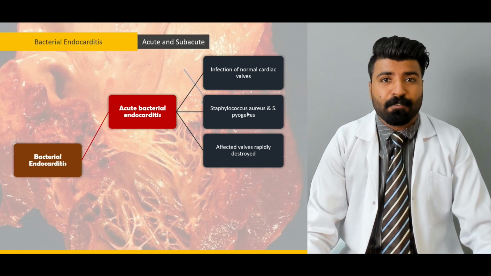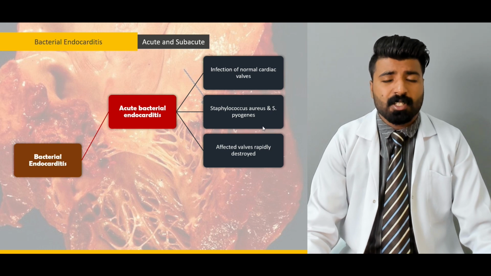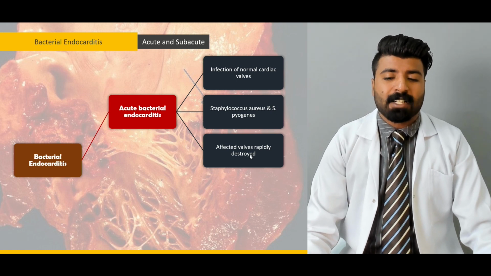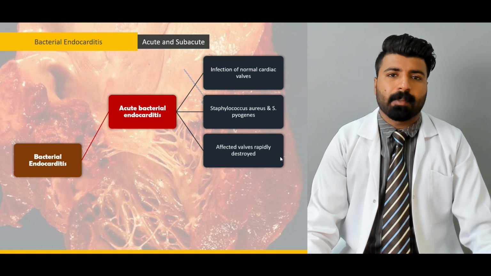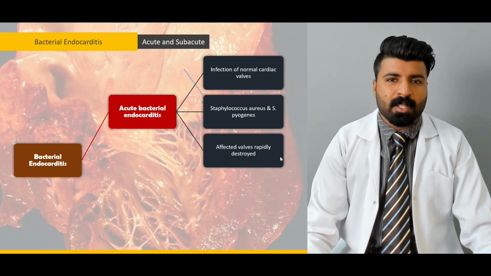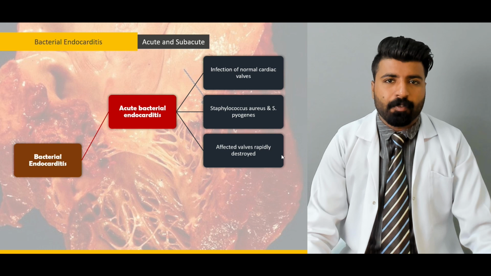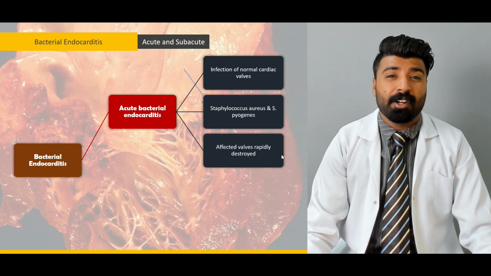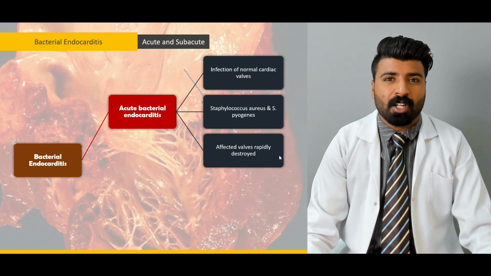It involves Staphylococcus aureus and Streptococcus pyogenes, and it affects valves rapidly and destroys them. And because it destroys them, what will happen? When the valves are destroyed, either stenosis, regurgitation, and all the cardiac pathologies will start coming in.